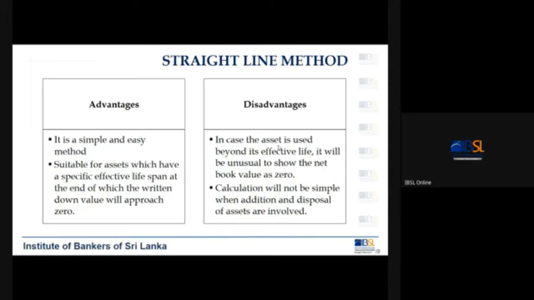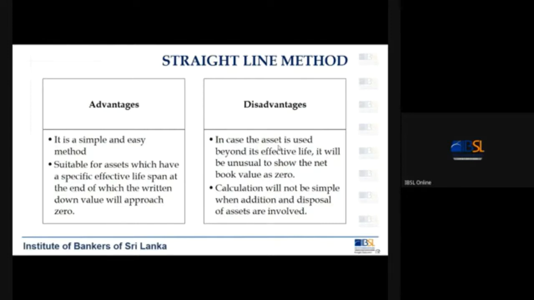You get rid of the asset. Then comes a problem where you will have implications to your calculation. Your calculation might not be easy in terms of the straight line method.